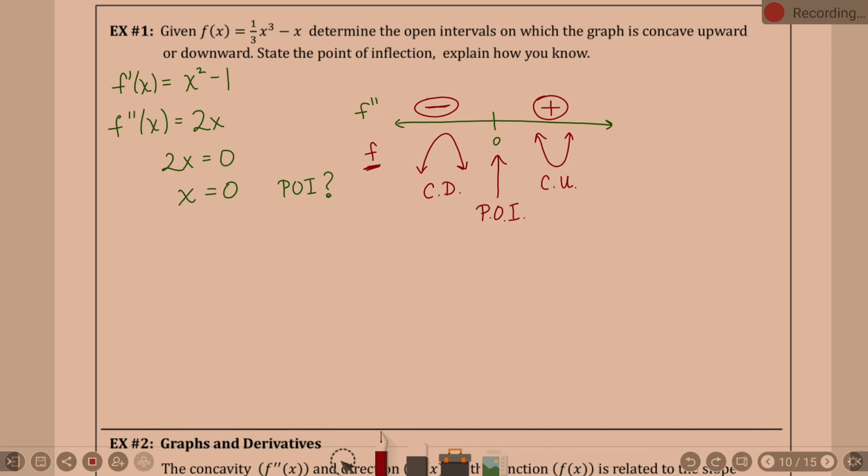Okay, now, officially, what were we supposed to do? Determine open intervals on which the graph is concave up, concave down, state the point of inflection, explain how you know. So, f of x is concave up on what? 0 to infinity.